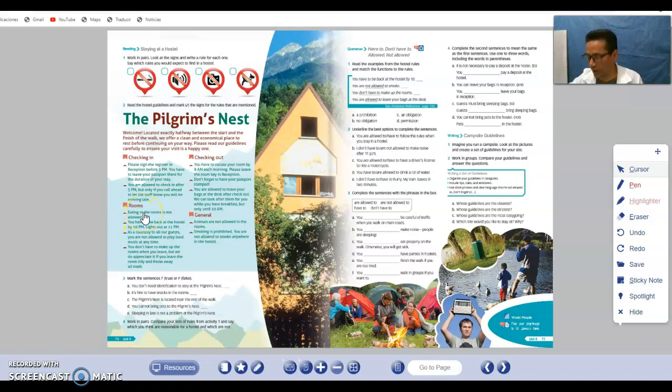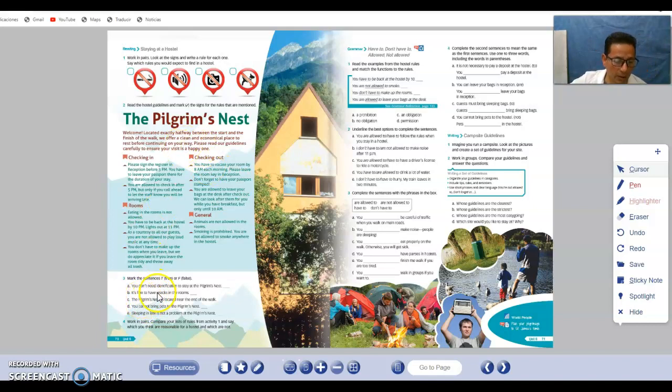So when you are in the room, eating in the room is not allowed. It's forbidden. It's not allowed. So it's false. F. Okay, and that's what you need to do. So let's go to number C. C. Pilgrim.